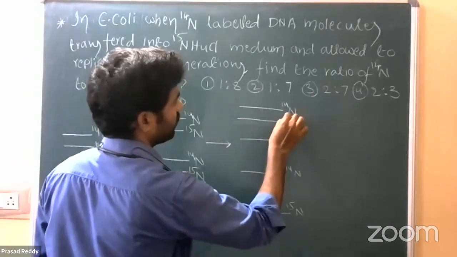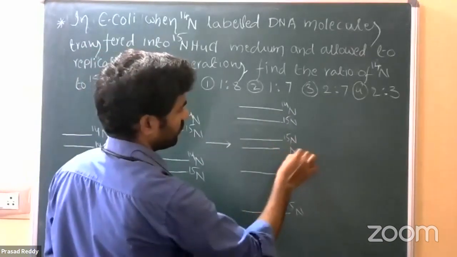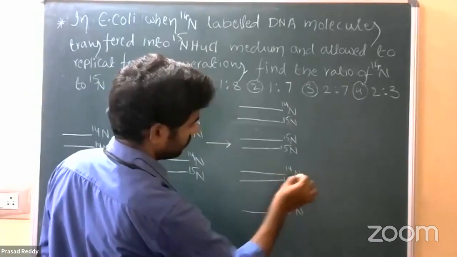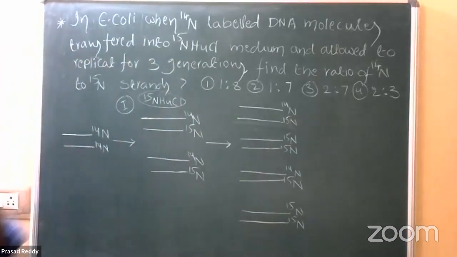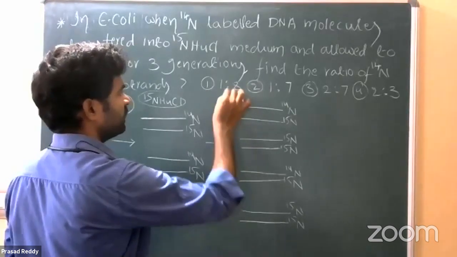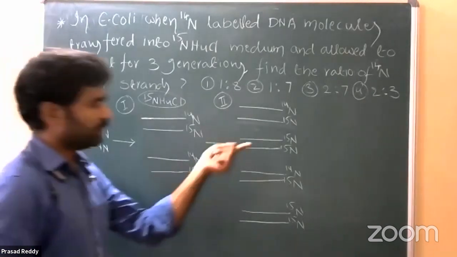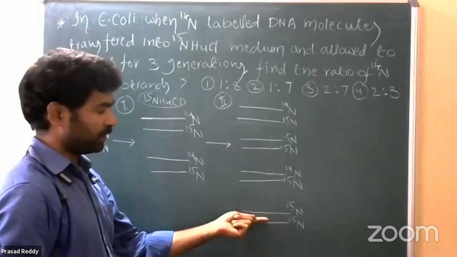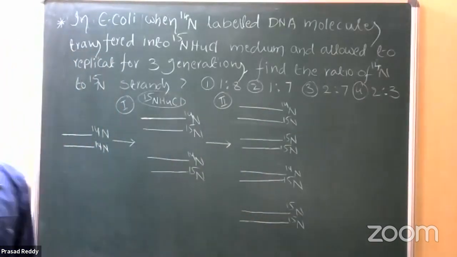Because the medium has heavy isotopes. So two hybrid DNA molecules and two heavy DNA molecules are formed in the second generation, with N15, N15 heavy DNA, and these two are hybrid DNA.